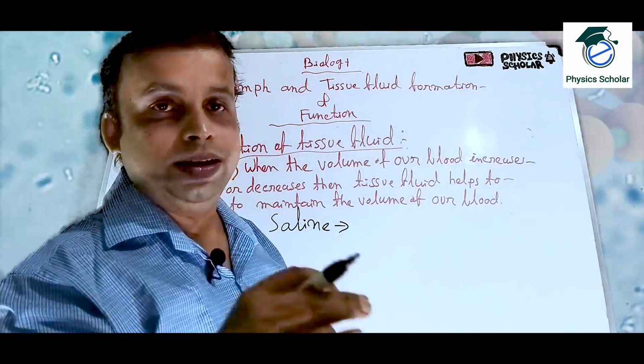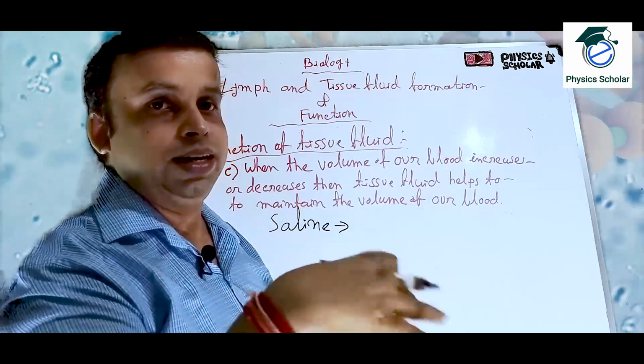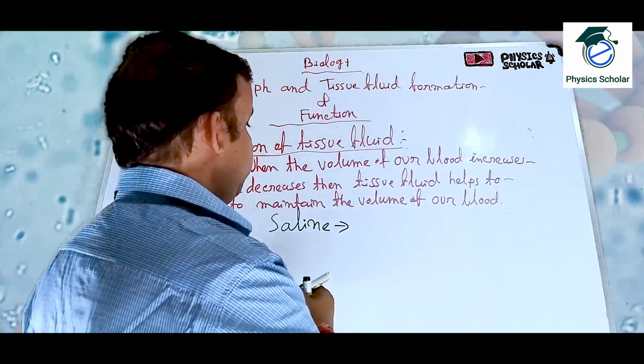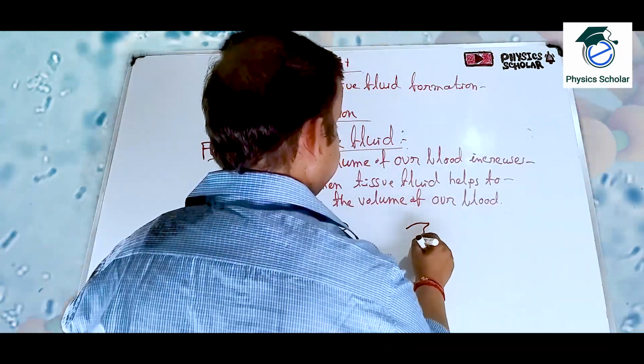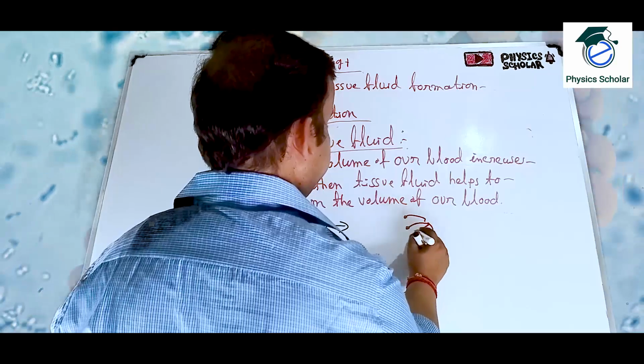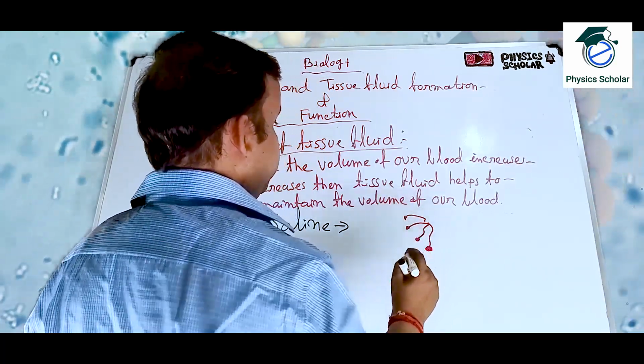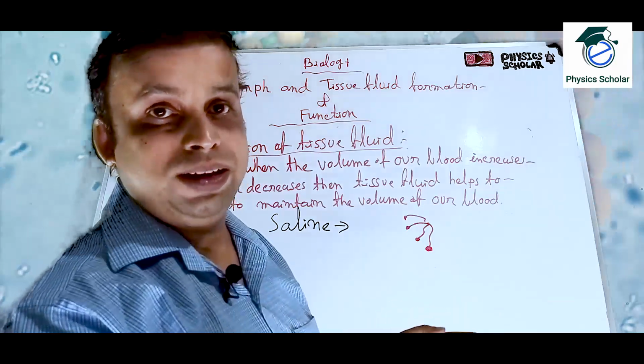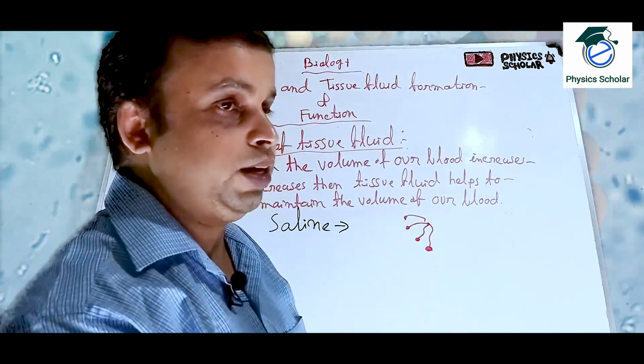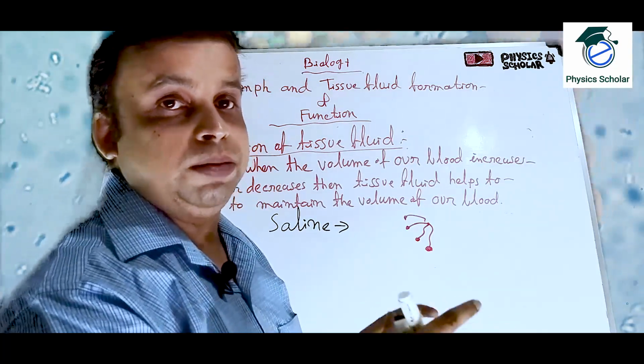Then what will happen? The blood pressure inside the capillaries will increase, and because the water will increase, the concentration or density of the protein in the plasma will decrease.